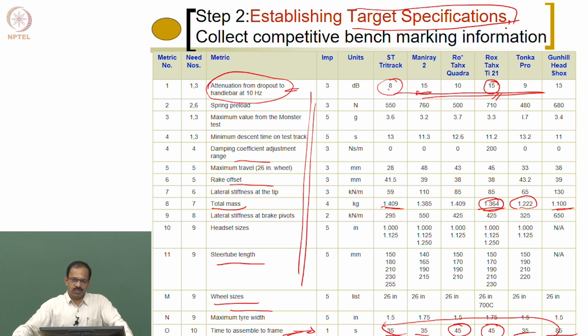Whatever the products may be, we need to identify the metrics and then benchmark them with respect to the other products in the market, and then find out what value, or what range of values, you can use to get customer satisfaction. When it comes to design, you may not be able to provide all these, but if you go beyond a particular value, the customer won't be happy, and therefore you need to make sure that you are able to meet these specifications. This is how you get the target values for the products.